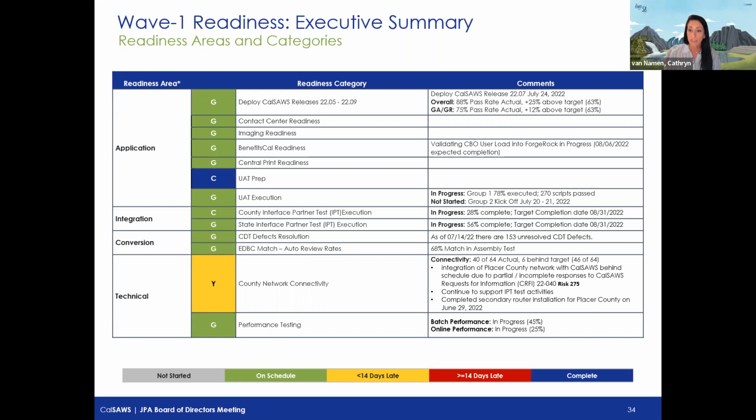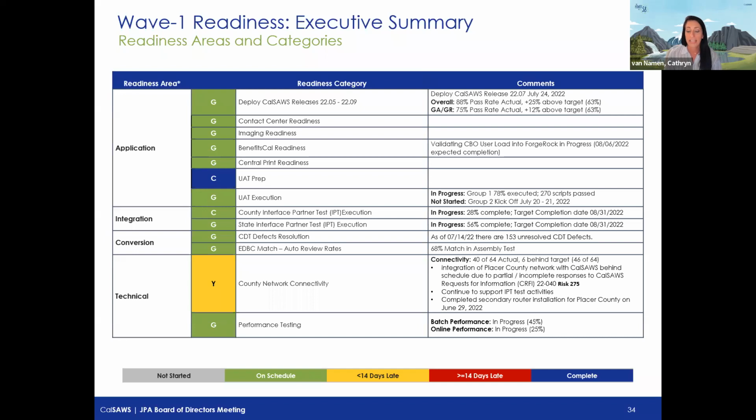The readiness categories are further aligned to the different areas across the project. For example, we'll walk through a few of them, but really it's a level deeper within the readiness area. So within the application, and I'll just go ahead and jump right in, for application, there are 7 different readiness categories.